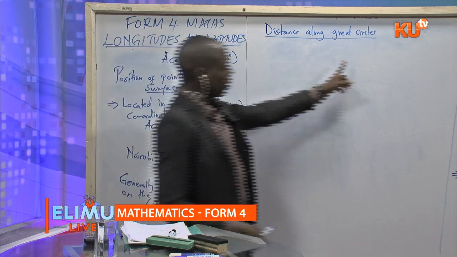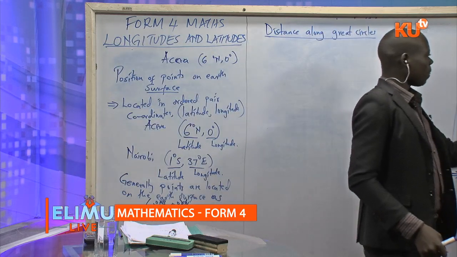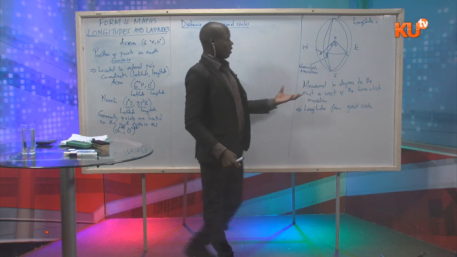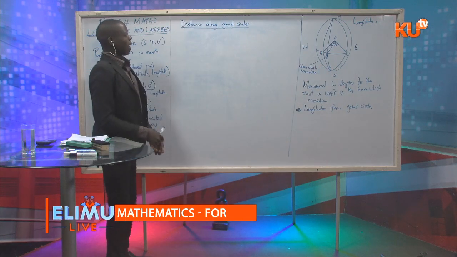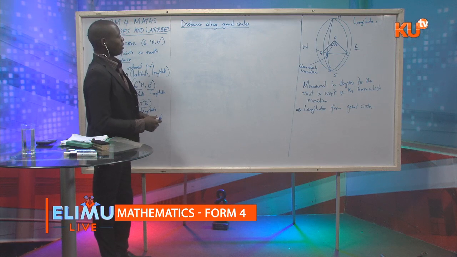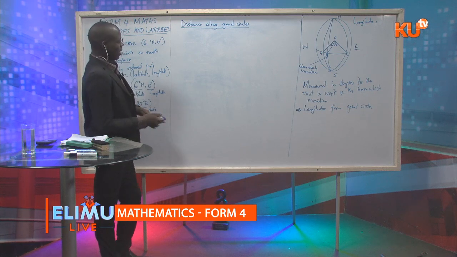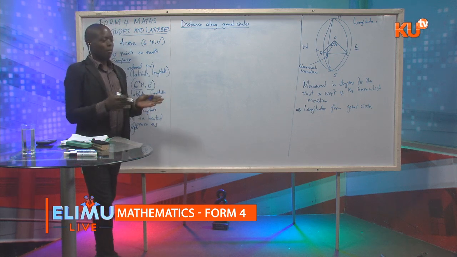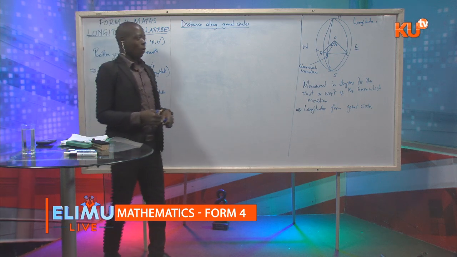So I've shown you what great circles are. They are constituted by longitudes. And so what we need to do is look at how we identify whether 2 points or more are on a great circle.